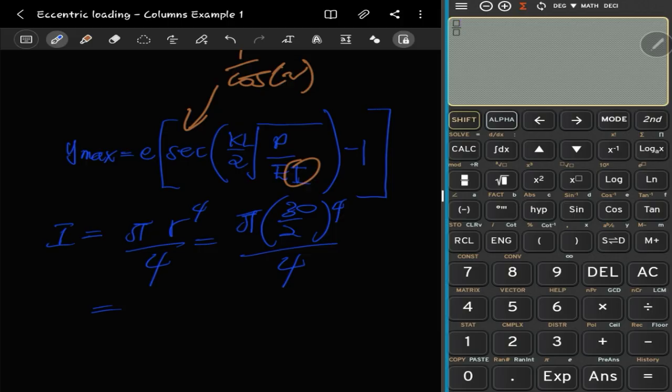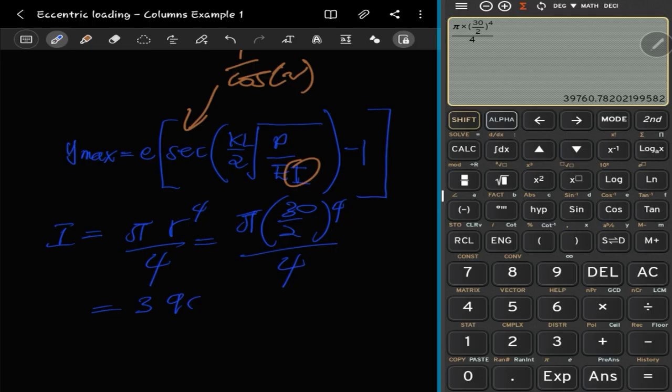We have pi times 30 on 2 to the power 4 on 4, and this gives us 39760.7820.